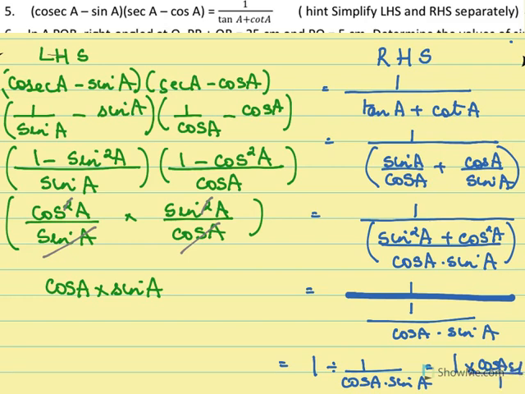So the left hand side becomes equal to the right hand side. The left hand side was cos A sin A and the right hand side also was cos A sin A. So it is proved. So I've written it once again here, this division I have made into multiplication and taken the reciprocal.